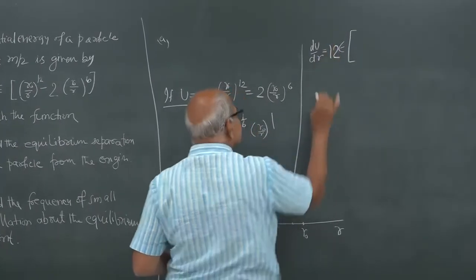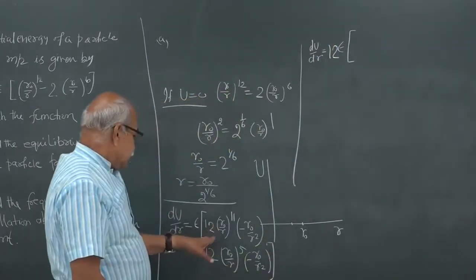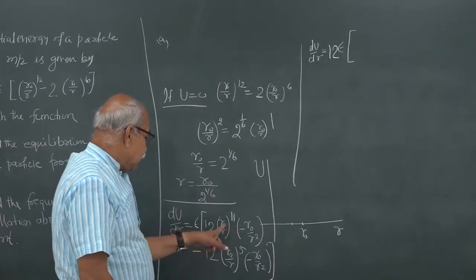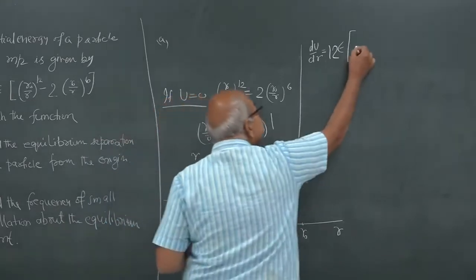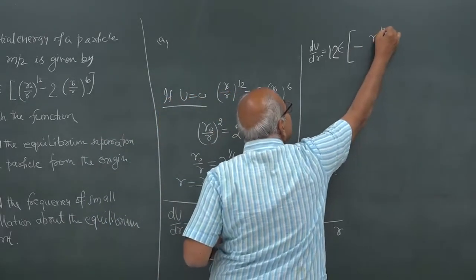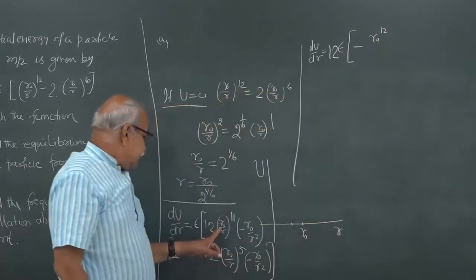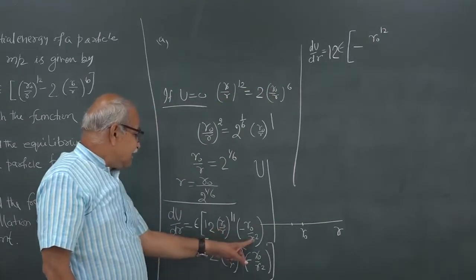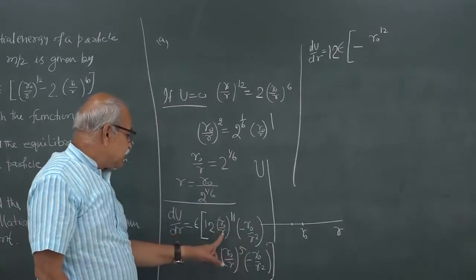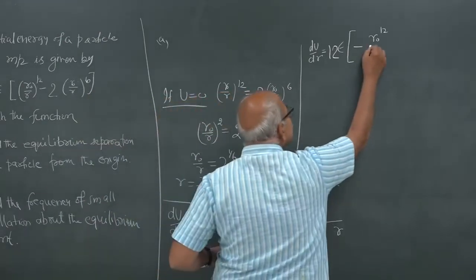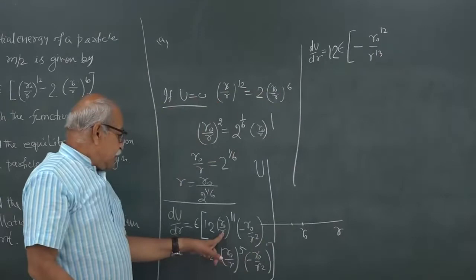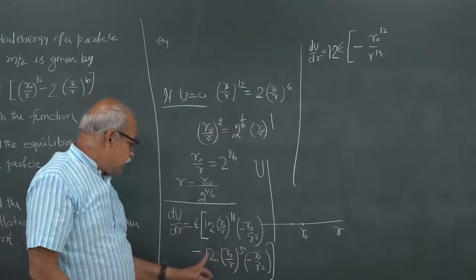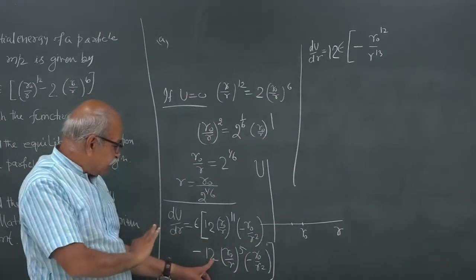Then it is minus r naught to the power 12, and then r to the power 13, right, divided by r to the power 13, and then here you have plus, and 12 we have already taken.